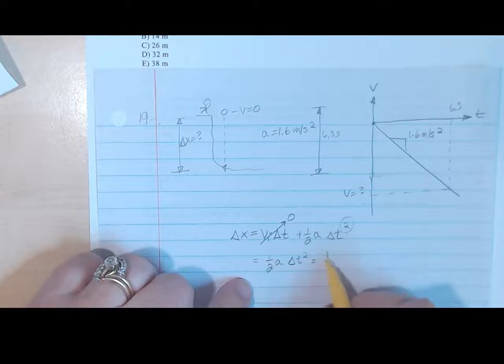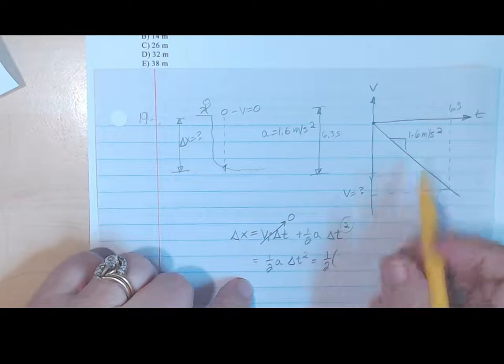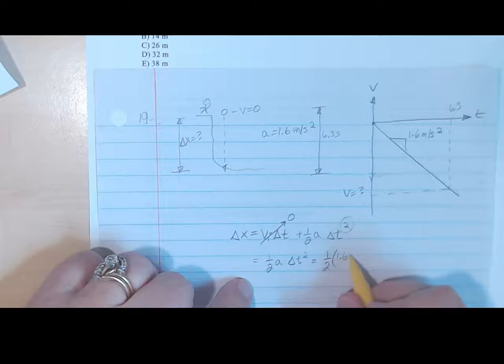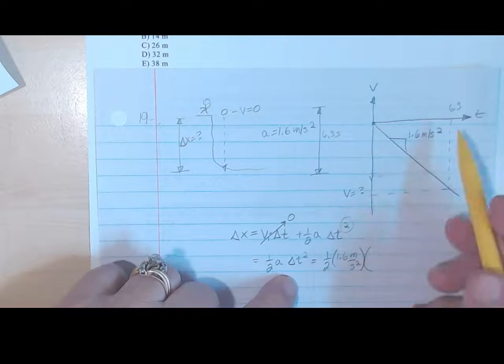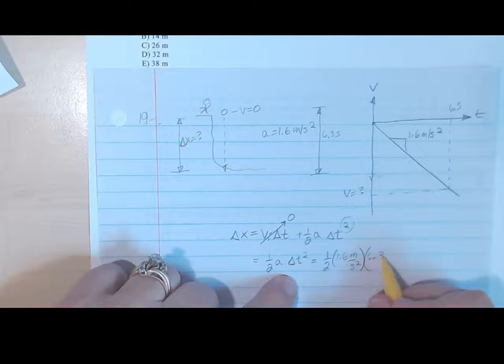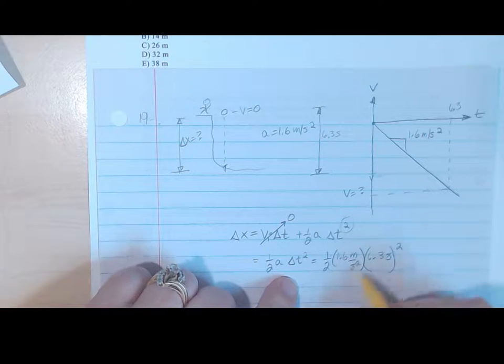Let's substitute in. 1/2 times my acceleration, 1.6 meters per second squared, times delta t, which is 6.3 seconds. Don't forget to square it. Units cancel.